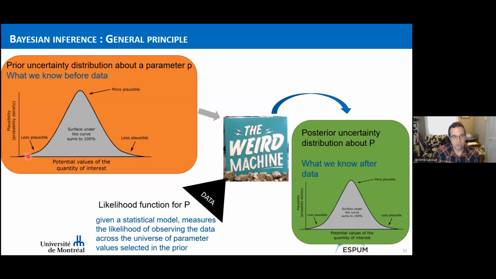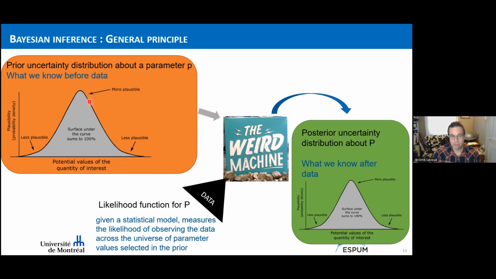And then it's going to go to the next value in a sequence, and it's going to scan the entire range of possible values. And for each of them, it's going to measure how likely it was that the observation would come from a distribution where the 95th percentile is equal to that particular value.